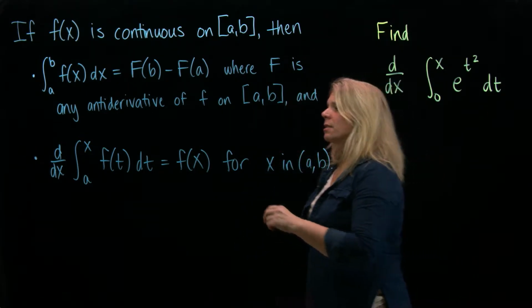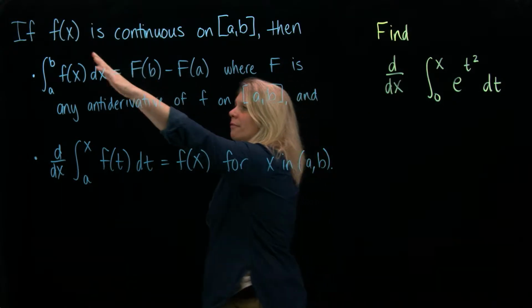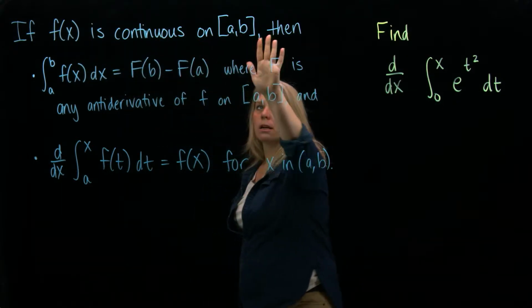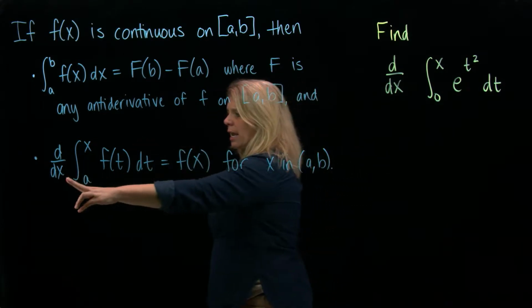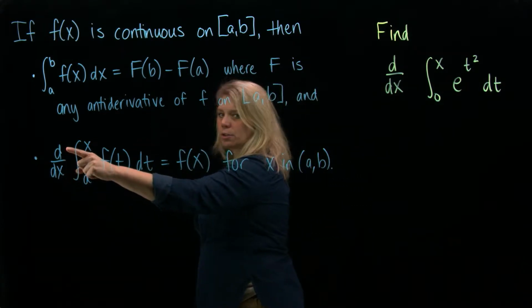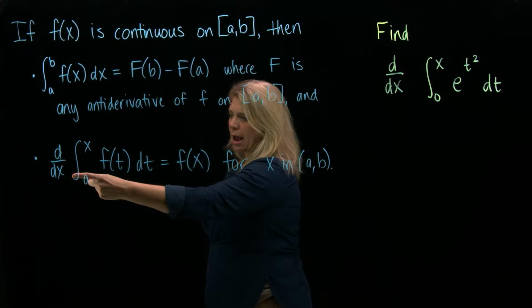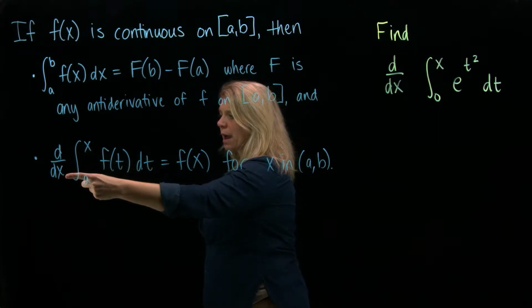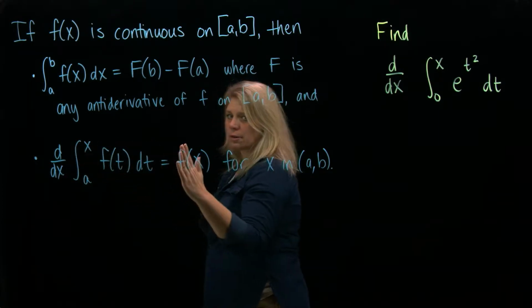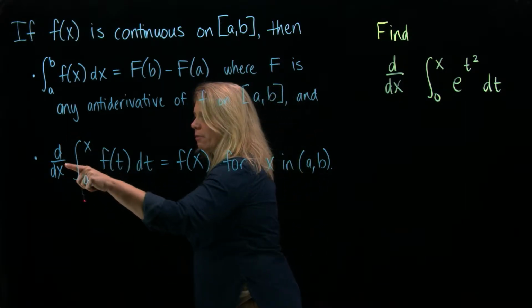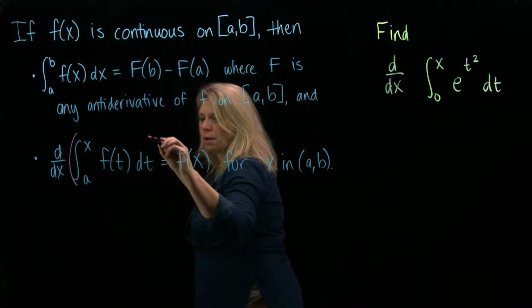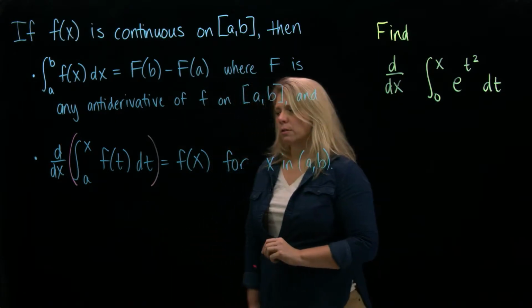All right, so it says, first of all, I need a function f, little f, that is continuous on an interval. Okay, then, if I look at this notation here, this means derivative with respect to x of whatever's after that. So notation-wise, this means I'm going to find the derivative with respect to x of this definite integral.